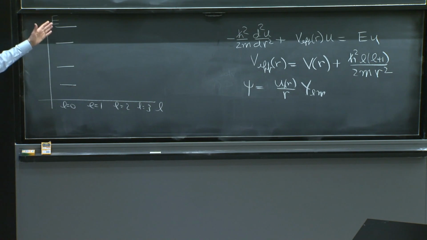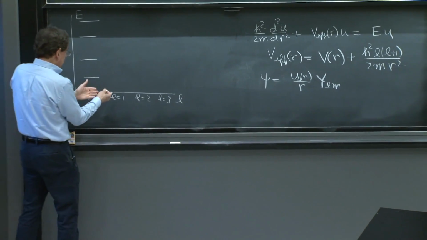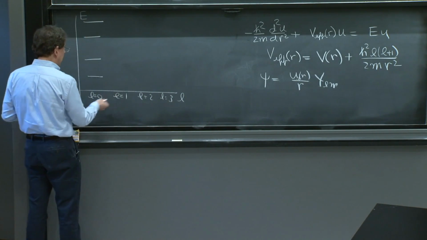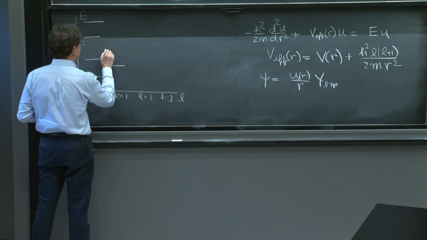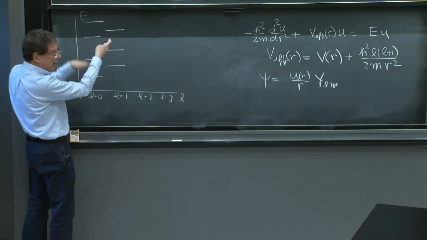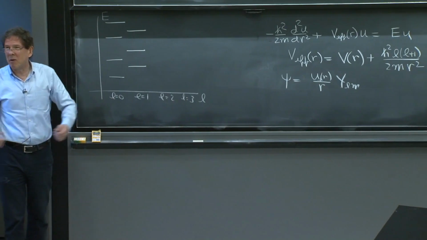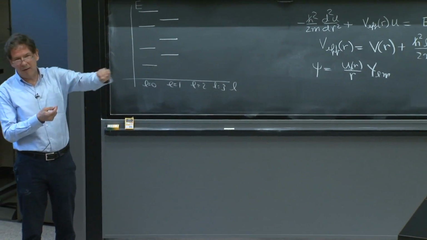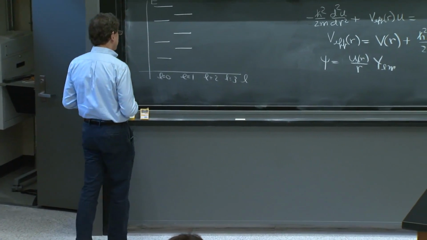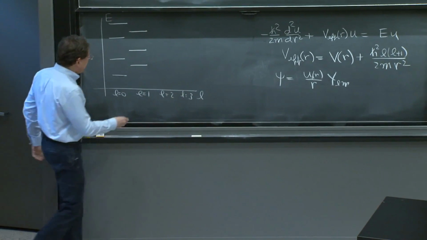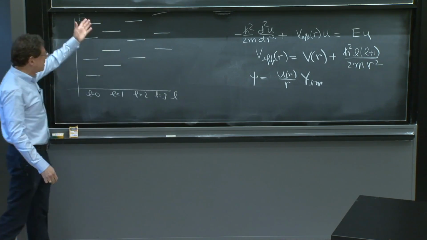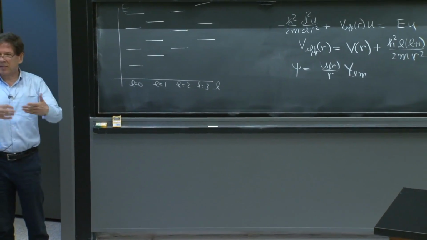So here you have these energy levels, and then what happened with this hydrogen atom is you keep solving, of course, for all the L's, and when you solve for L equals 1, you may find some levels like this. It's a miracle when the levels coincide. There's no reason why they should coincide. They happen to coincide for the hydrogen atom, and that's because of a very special symmetry of the 1 over r potential orbits. Then for L equals 2, you solve it, and for L equals 3, you solve, and you find these states, and that's the diagram of states of a central potential.